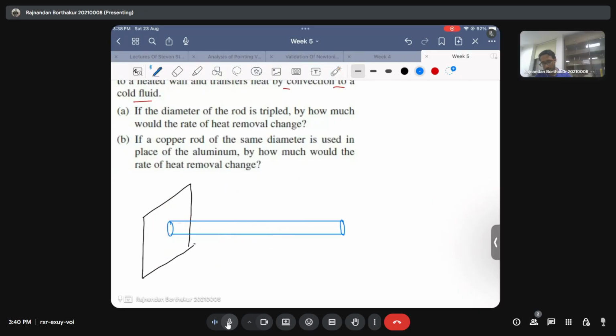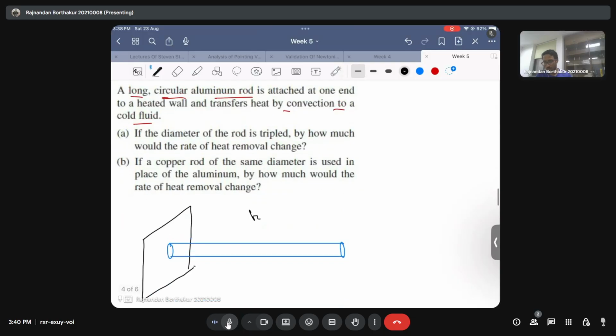The cooling fluid has a heat transfer coefficient h, and of course if you want, you can also consider its temperature to be T infinity.